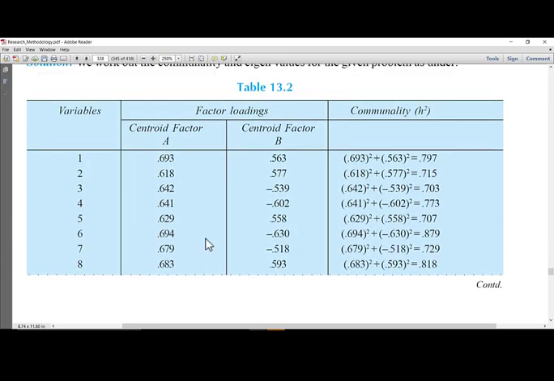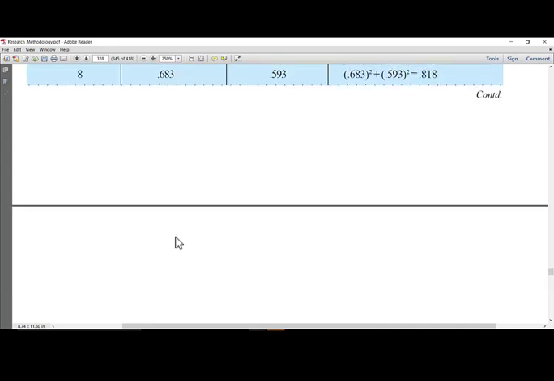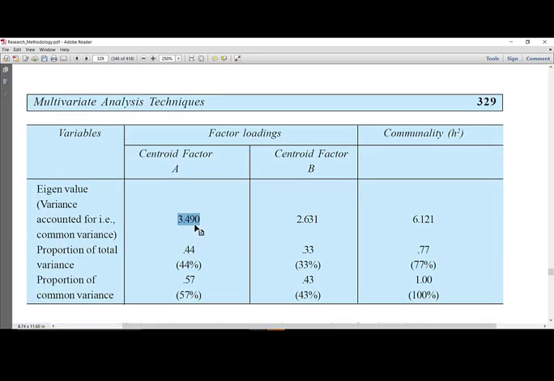It is given in the steps of the procedure. What you can do is square these: 0.693 square plus 0.618 square plus 0.642 square plus 0.641 square plus 0.629 square plus 0.694 square plus 0.679 square plus 0.683 square, and that value is equal to 3.490.